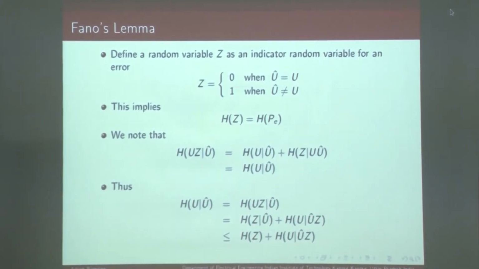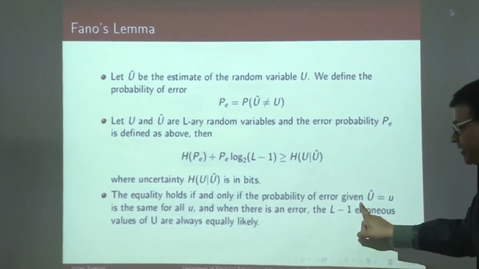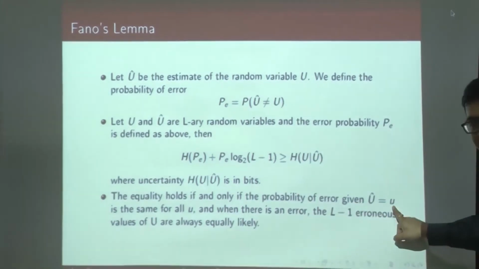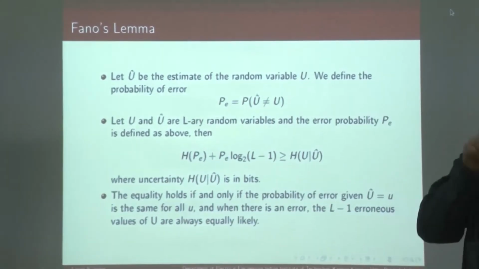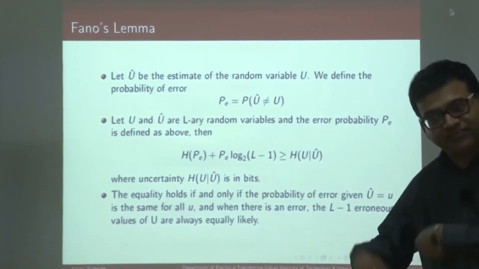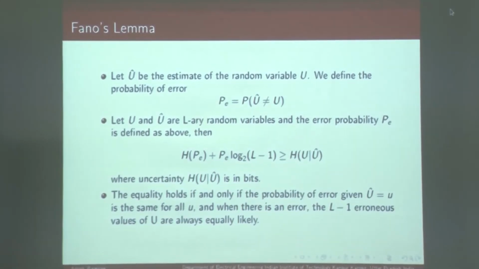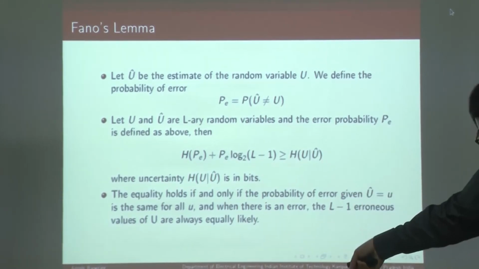So, that is the first condition I said. Equality holds if the probability of error given a particular u hat is the same for all u. So, H of z given u hat would not depend on what a particular u hat is, it is the same for all u hat. In that case, H of z given u hat will be equal to H of z.